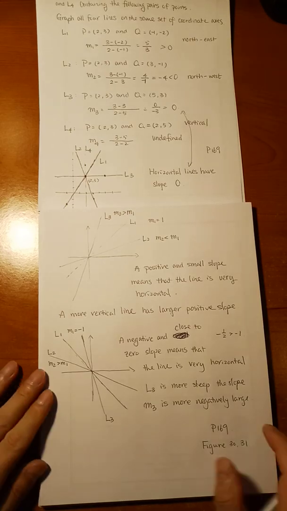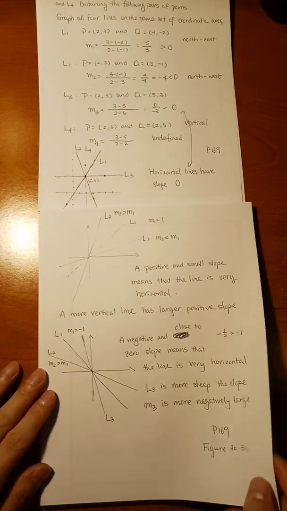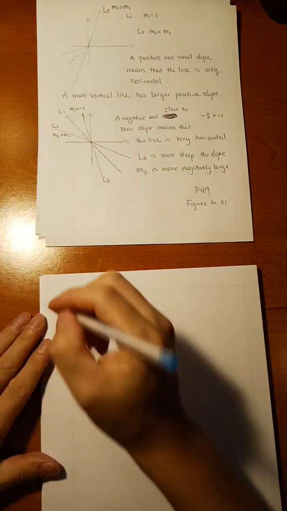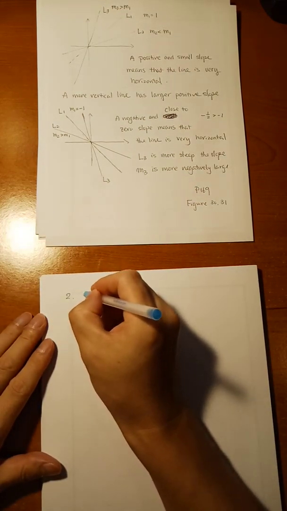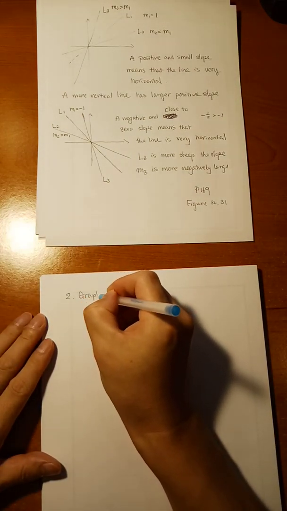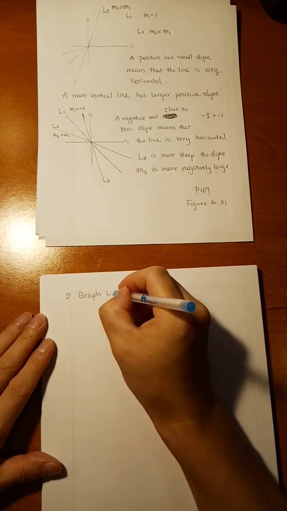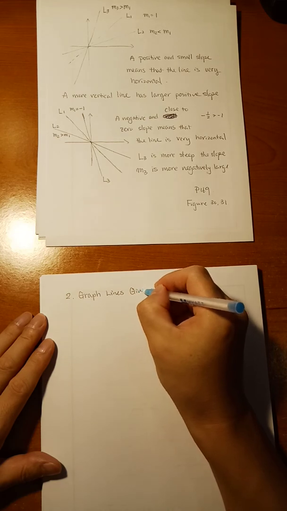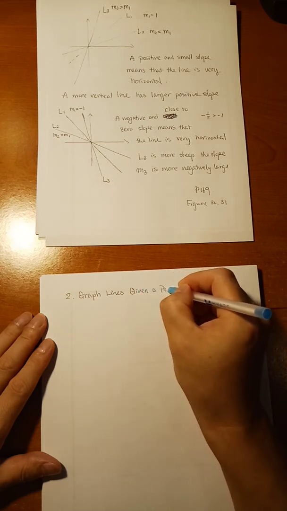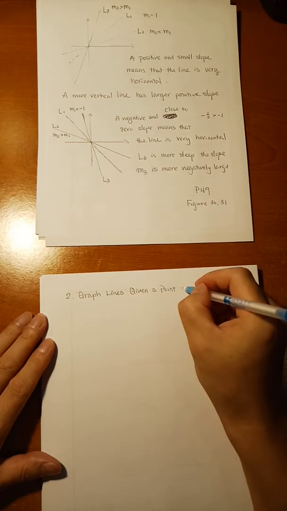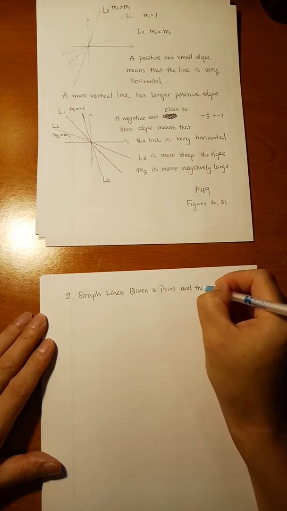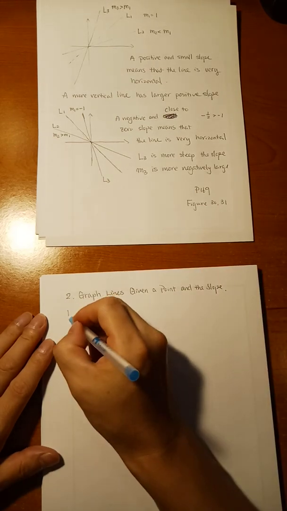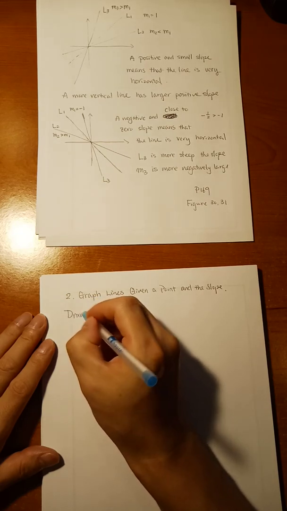Okay, so now let's try. We are going to graph lines given a point and the slope. How do we do that? So let's see the example.